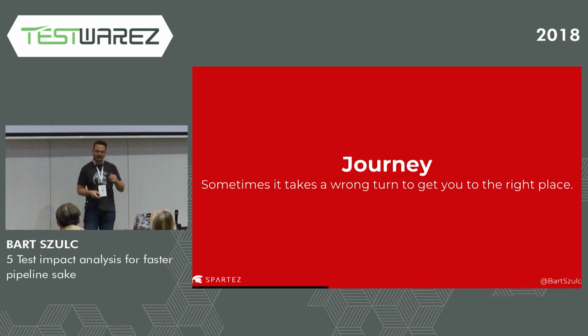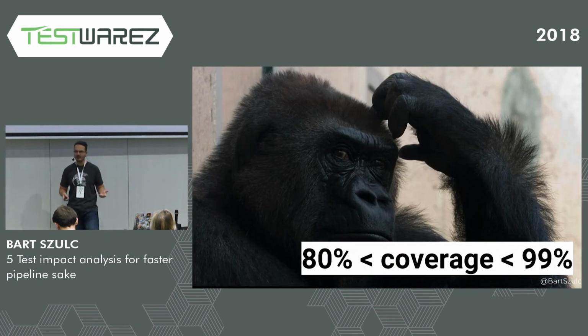And here is my journey, how we even got to the place where we started experimenting with test impact analysis and what test impact analysis really is. At the moment when developers were struggling with running all the tests and waiting for feedback, I was doing something different. I was researching. I was looking into the test coverage that we have.